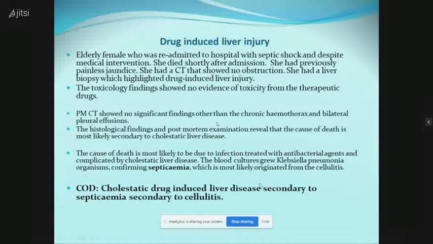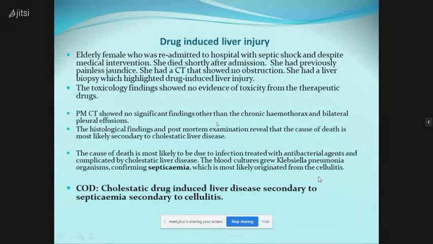So the patient was treated with an antibiotic agent, and that led to injury to the bile duct and caused cholestasis and liver failure. Blood culture showed Klebsiella pneumoniae organisms, and the patient had septicemia and then also had cellulitis.